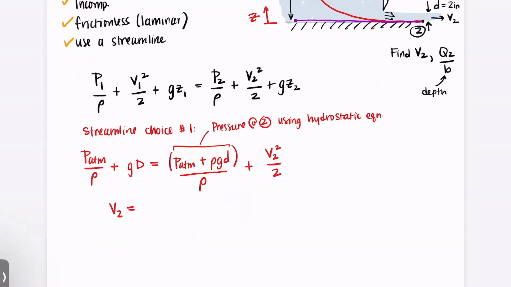I'm going to cancel out, I have a P atmosphere that shows up on both sides of this, right? So I can get rid of that. So I have g rho times G capital D minus rho G lowercase d.